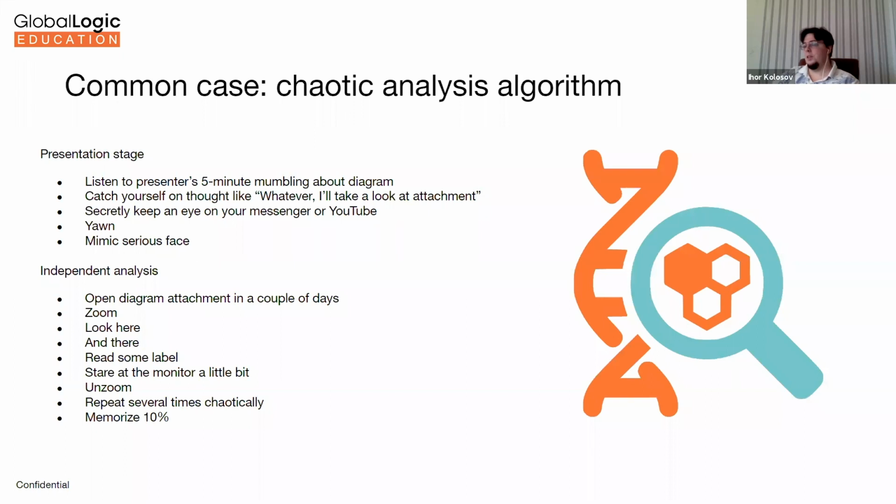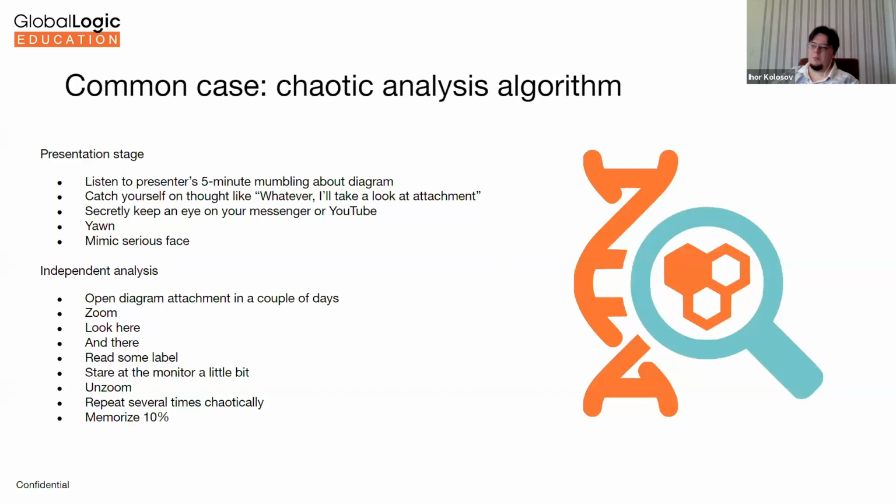It's a common situation. Then, in a couple of days, you will start analyzing your attachment, your presentation, as it is usually performed. You open the diagram, stare at the monitor a little bit, zoom, look here, there.